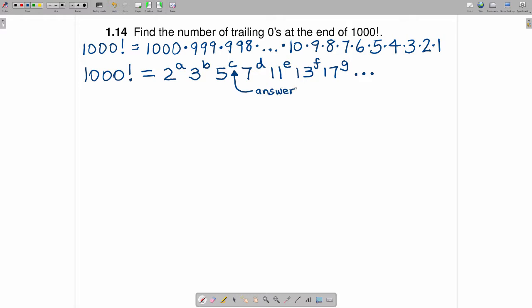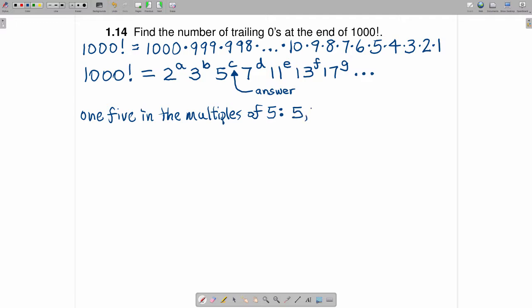So if we can figure out how many 5's are in the prime factorization, we'll have the answer to this problem. So we want to look at all of these factors here, and we want to figure out how many 5's are going to show up in the prime factorization. Well, you are going to get 1 5 in the multiples of 5. And what are those multiples of 5?